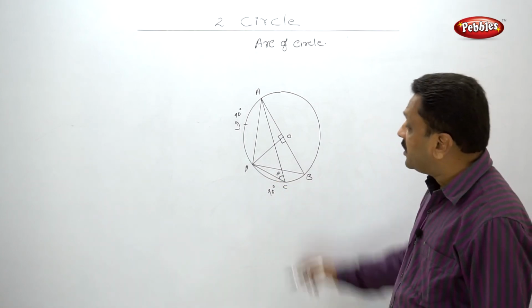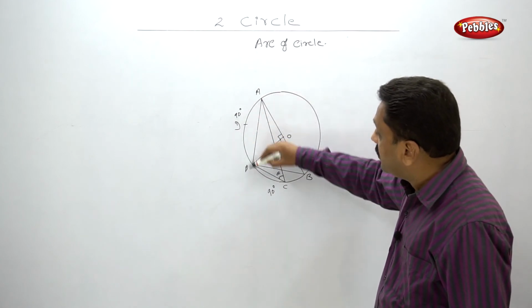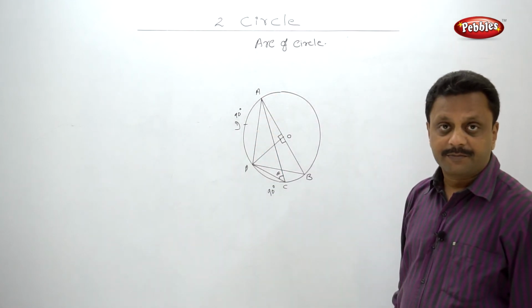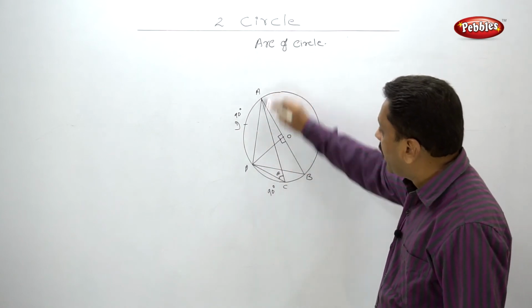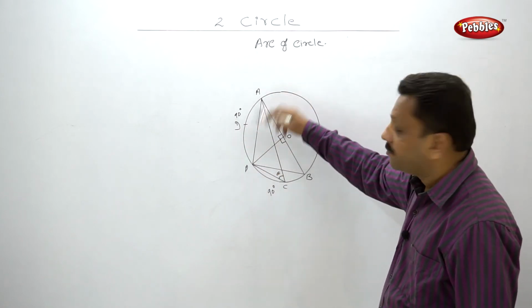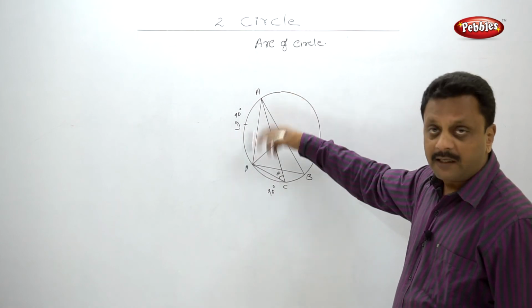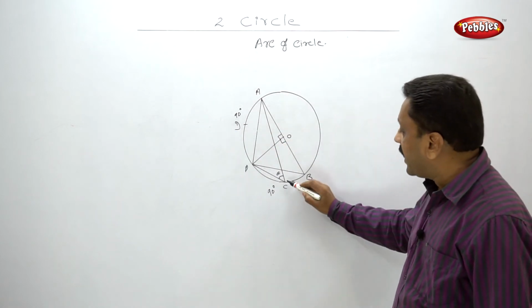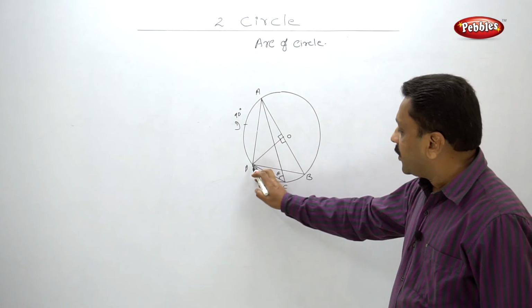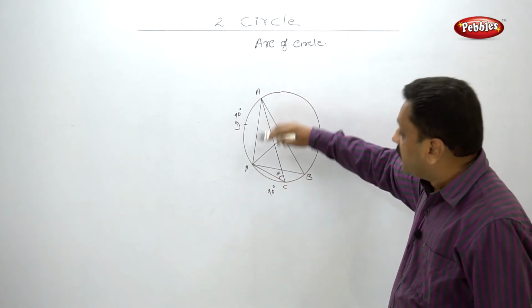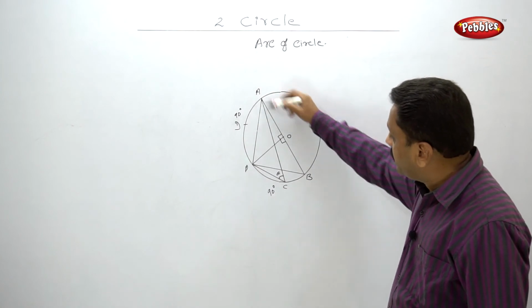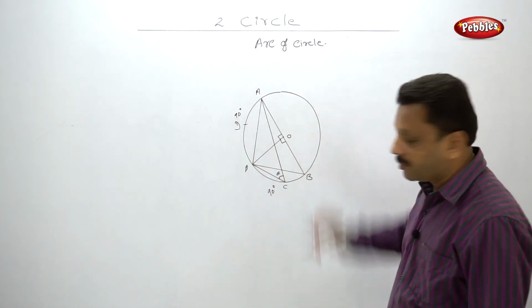Now I can see that on this arc, there are two angles subtended. First is this angle POA, because the two endpoints are the endpoints of the arc, and then angle C. The first endpoint is the same at P and the second endpoint is A. That means this arc has subtended this angle and this angle also.